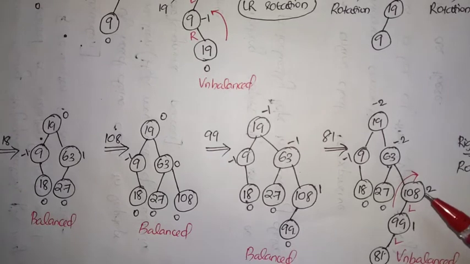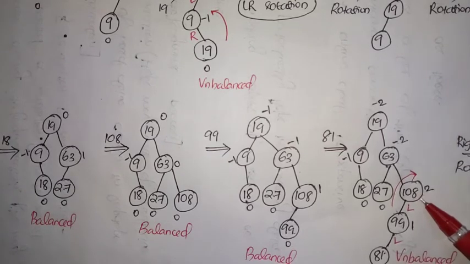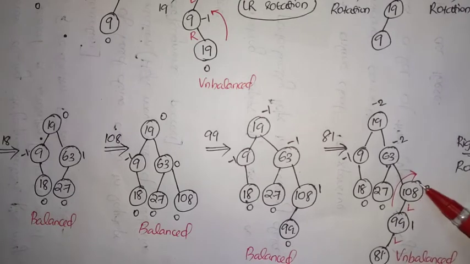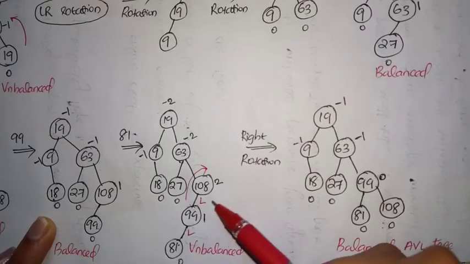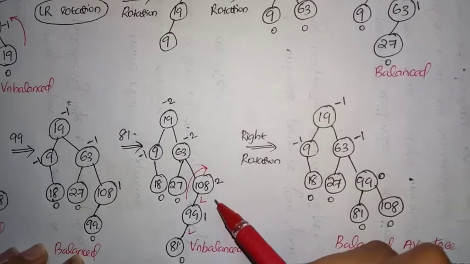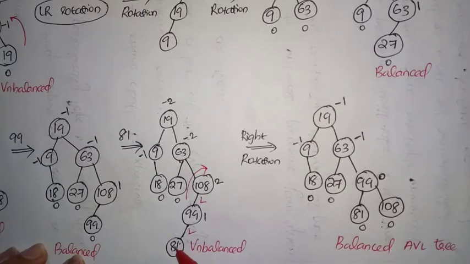First of all, let's take an unbalanced node where the imbalance first occurs. So let's take this node with factor 2. The imbalance in this particular node occurred when we inserted the new node 81.